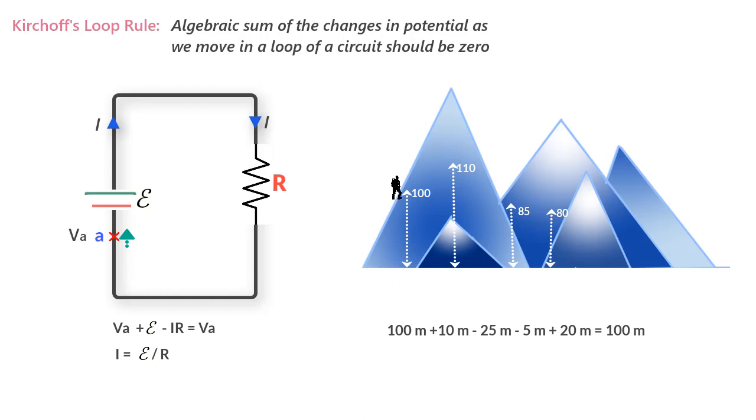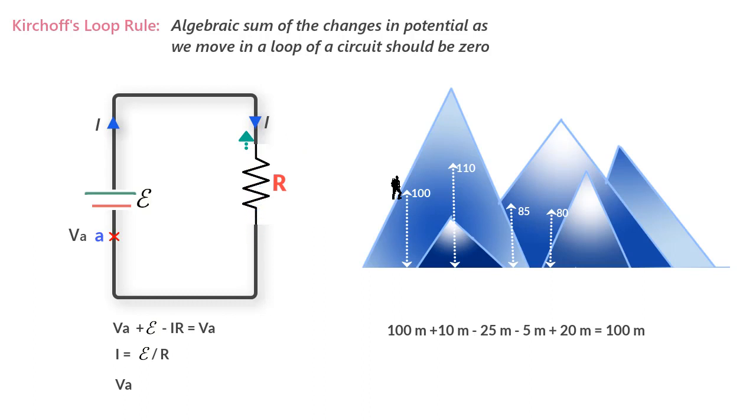Now, what if we had decided to move in a counterclockwise direction? Would we have got the same value of I? Well, let us find that by using loop method again. So now we move from point A to the bottom of the resistor, but this time we find the potential increases as we move to the other end of the resistor, because you can see the current will always move from a place of high potential to a place of low potential.